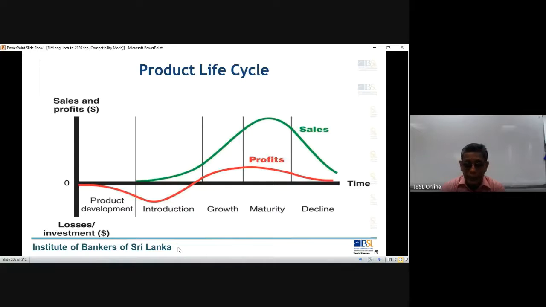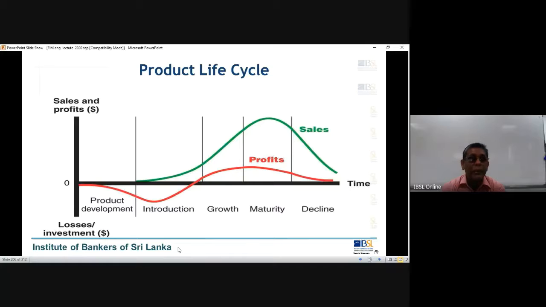The red one is the profit and the green one is the sales. Now look at it: product development, that is the development stage. Like a human being, it is in the embryonic stage, in the mother's belly. So that is product development.